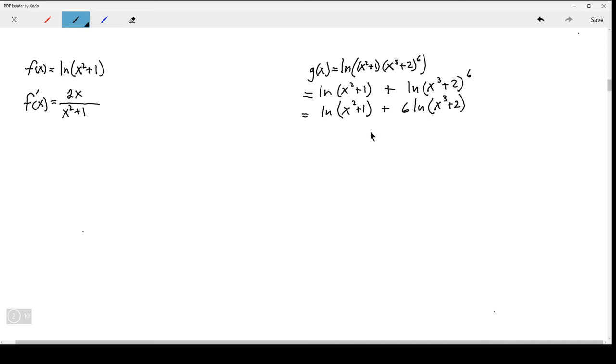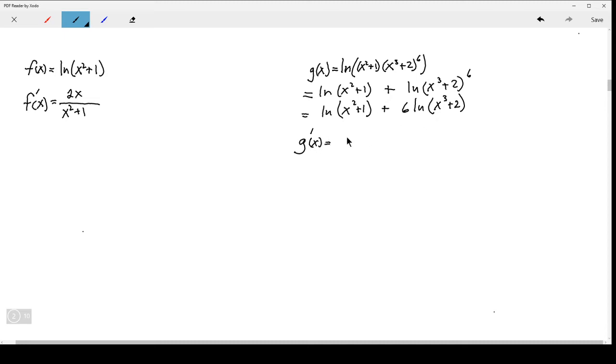All right, so what I've done is I've taken an expression that's fairly complicated to have to take the derivative of, and I was able to break it up into individual log problems. And each of these individual log problems is just like this one over here.